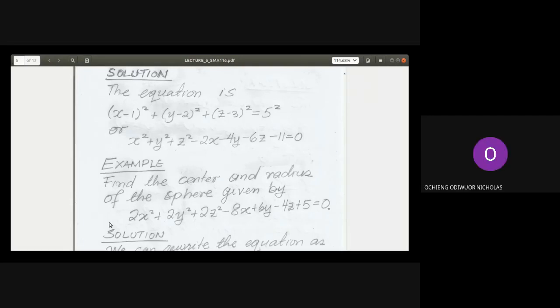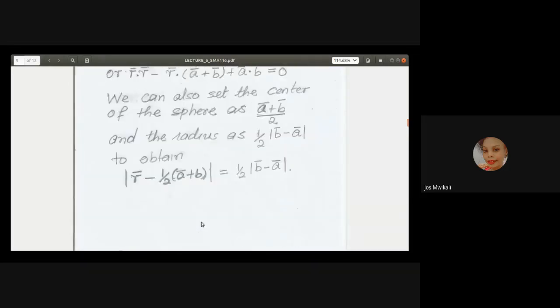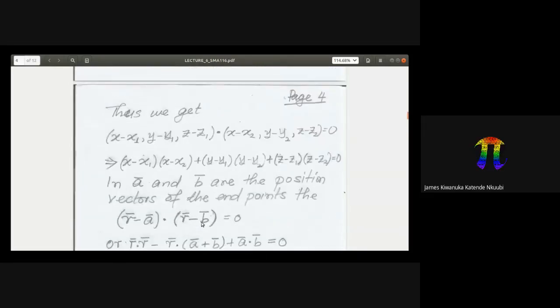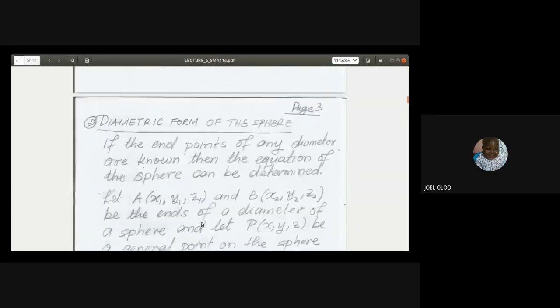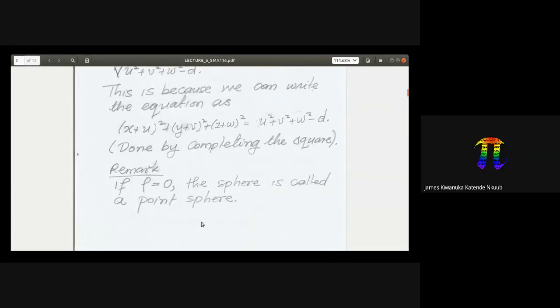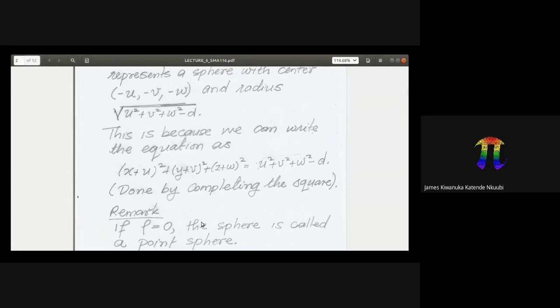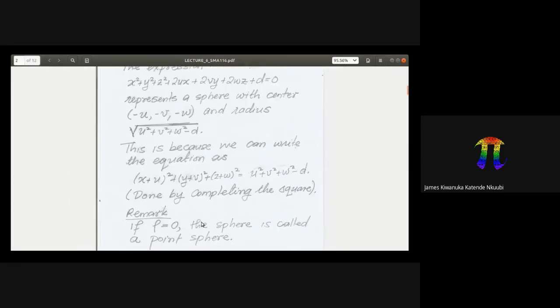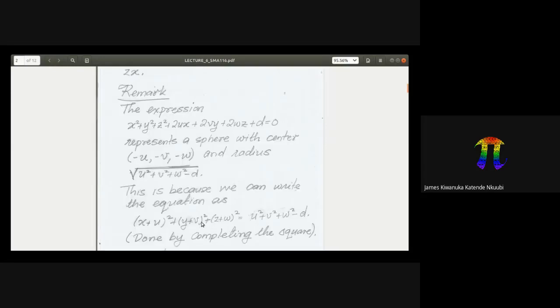Yes, I can see it. It's the same one I have. Thank you. So should I go back to the slide that you want, the part that will help you to solve? Okay. So there it is now.